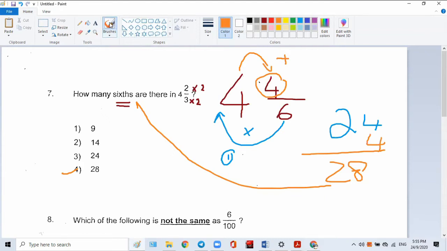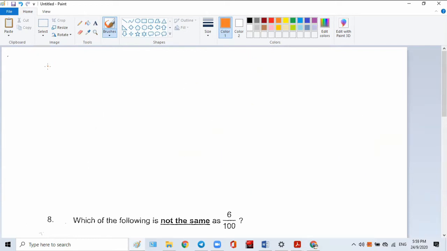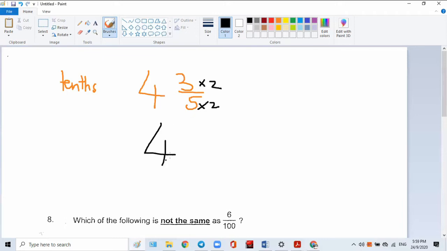Since you're all so clever, I just want to test whether you understand what I'm talking about. How many tenths, T-E-N-T-H, are there in 4 and 3/5? 5 times 2, then 3 times 2, then it's equal to what? 4 and 6 over 10.